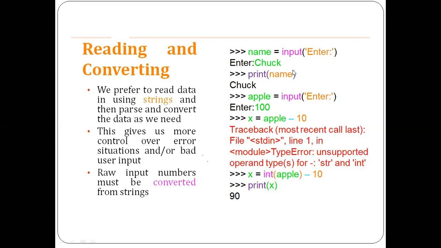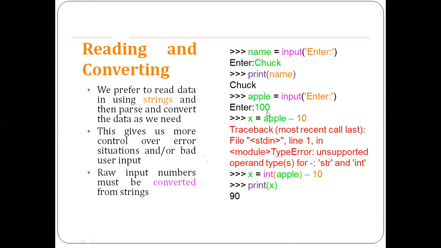This is correct. So try to understand that whenever you input something into a Python program, all the inputs are treated as the string data type, irrespective of whatever it is. Look at this one, this is a string, and 100 is also a string, not an integer.